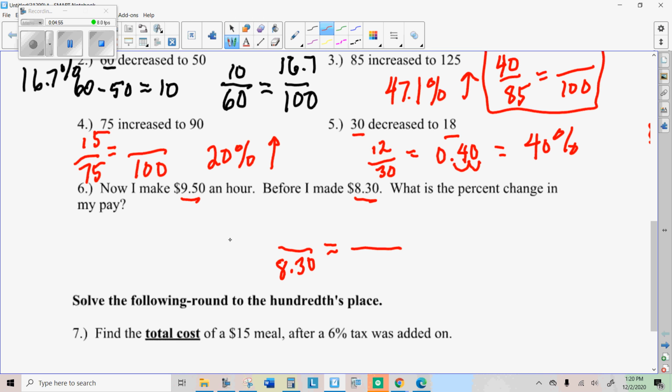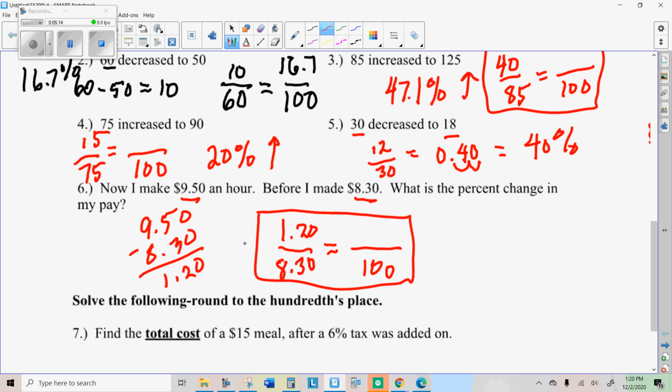And then you have to think, how much did I go up? So you subtract $9.50 minus 8.30, and that's $1.20. That's your part. And then, like I said, you could fill out this whole proportion thing if you want, but when you're turning to a percent, you're really just changing this ratio into a decimal and then into a percent by dividing.